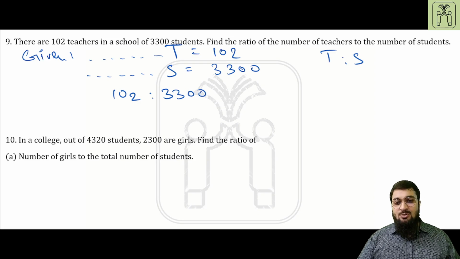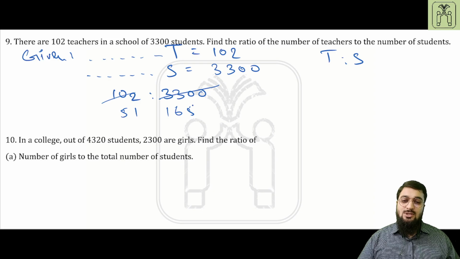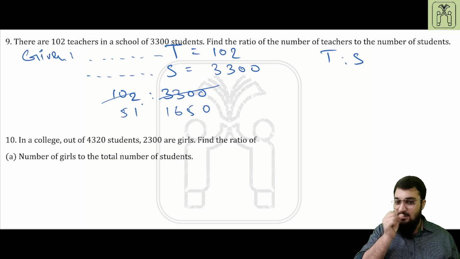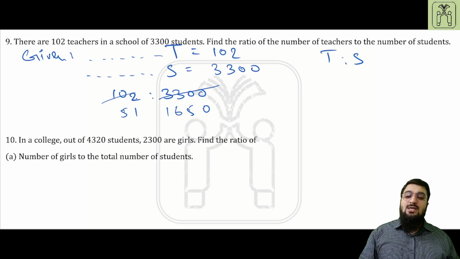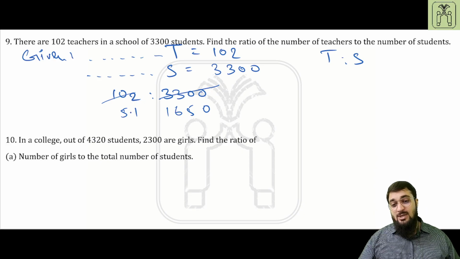So we will take 102 and 3300. First of all, we'll divide by 2. 102 divided by 2 is 51, and 3300 divided by 2 is 1650. Then 51 and 1650 are divisible by 3: 5 plus 1 is 6, and 1 plus 6 plus 5 is 12, which is also divisible by 3.